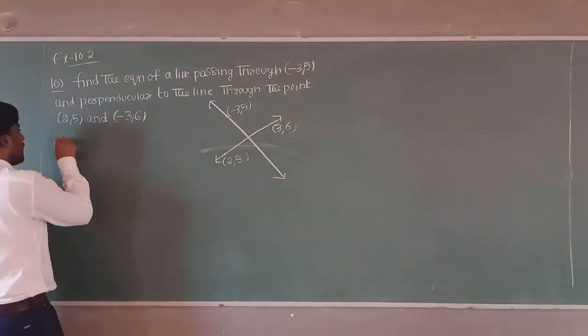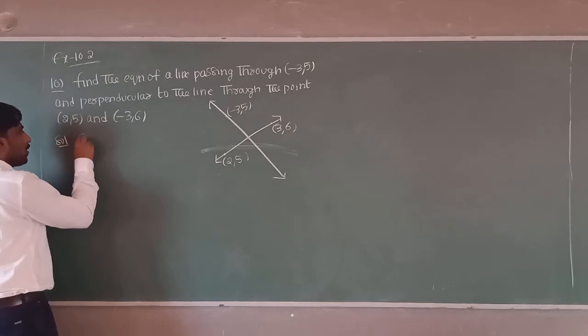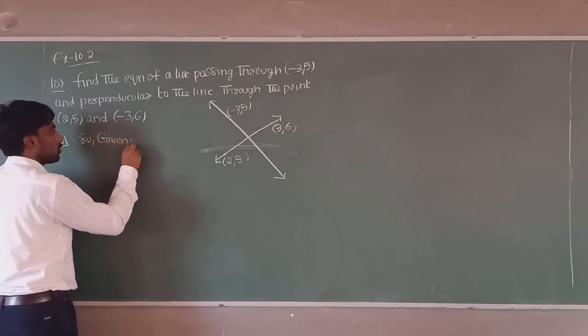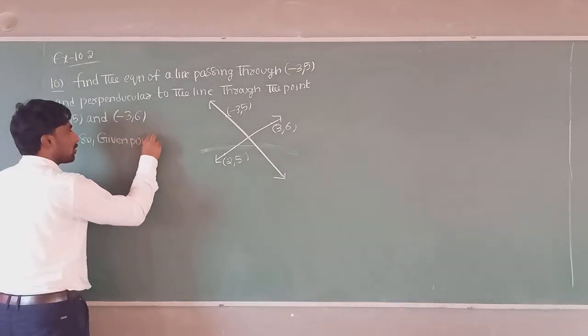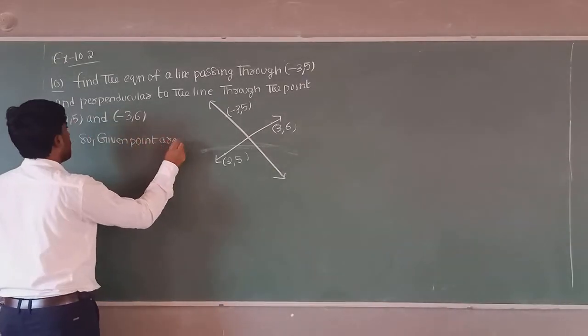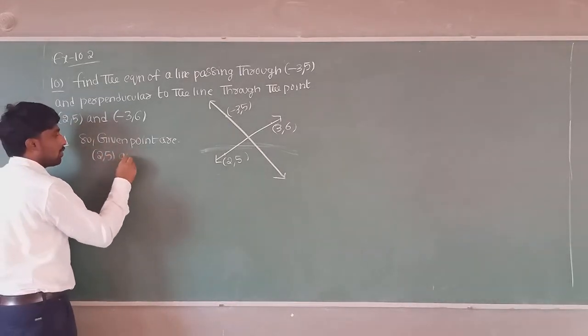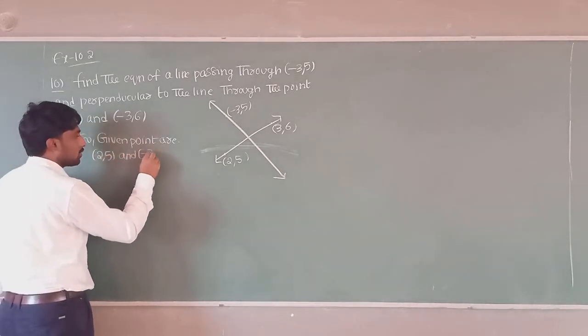So given points are, what do I get the points here? 2, 5 and minus 3, 6.